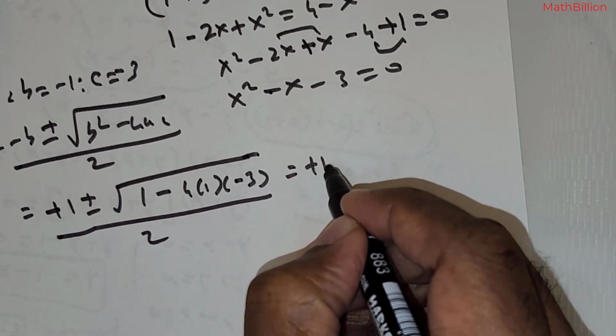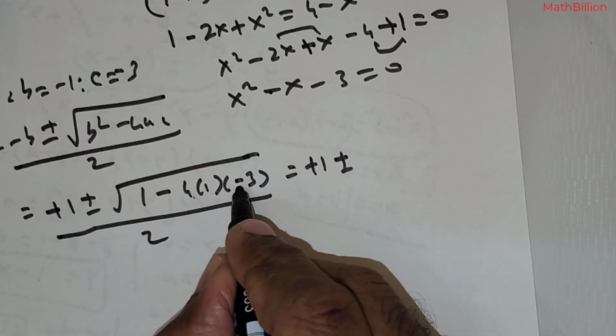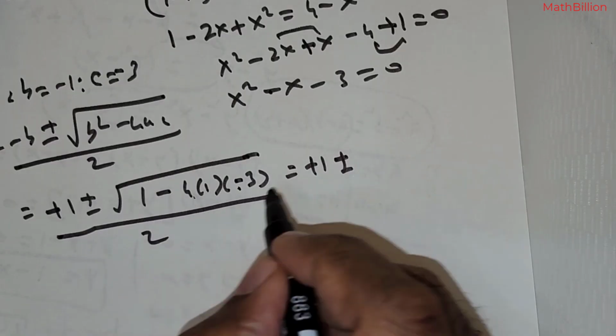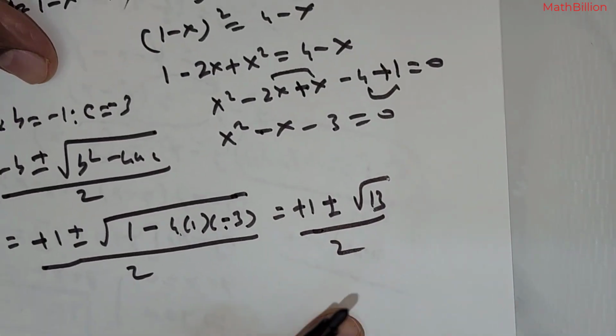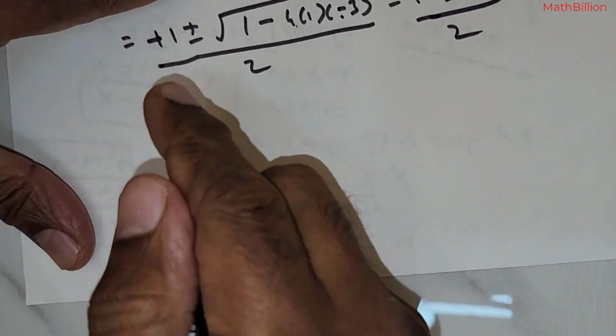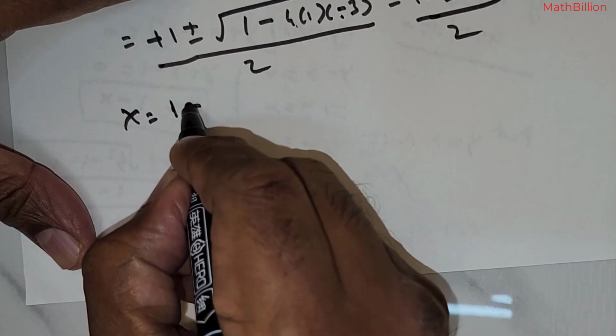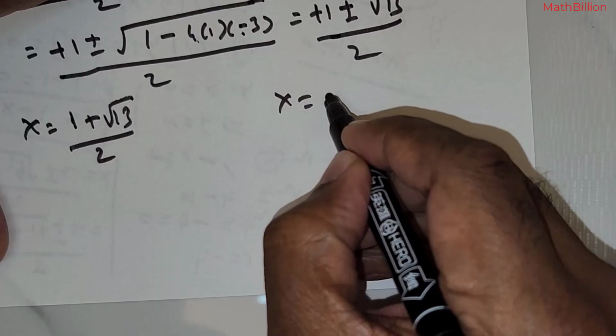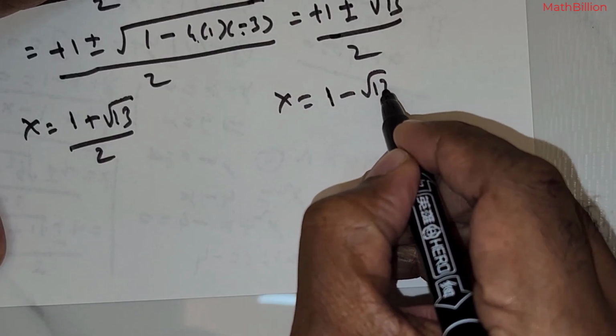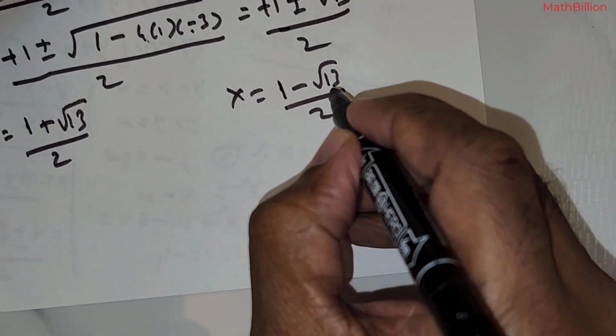So it's going to be positive 1 plus or minus, 4 times 3, 12, negative, so it's going to become positive. So you have root of 13 divided by 2. So 2 roots are there. So x is equal to 1 plus root of 13 divided by 2 and x is equal to 1 minus root of 13 divided by 2.